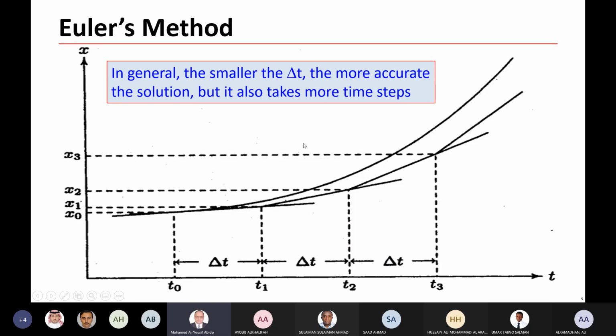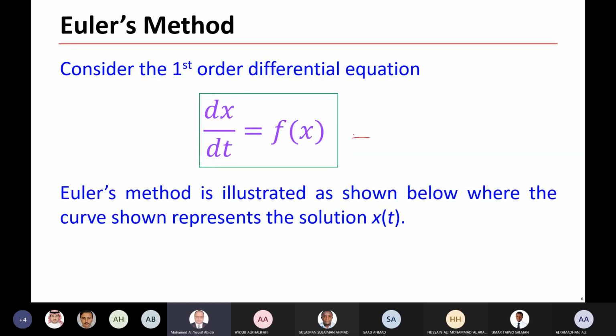So actually the Euler method is very simple. The Euler method simply approximates dx by dt as x of k plus 1 minus x of k over delta t. Okay, so x of k plus 1 equals x of k plus delta t times f of x.